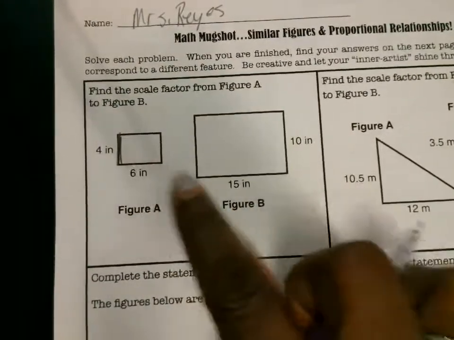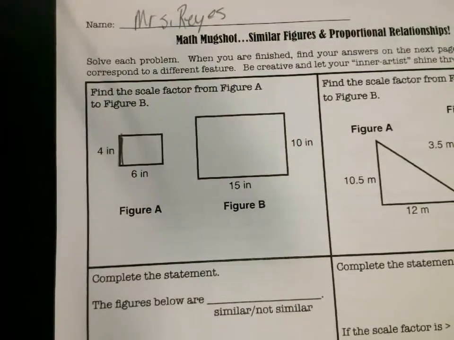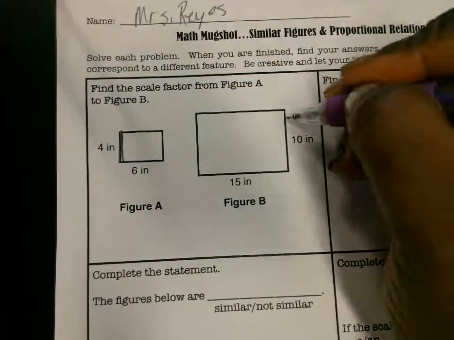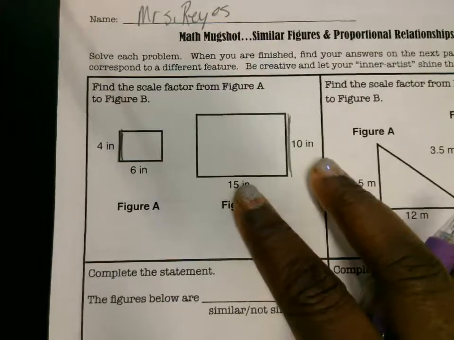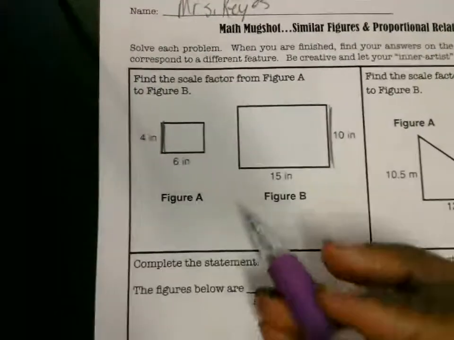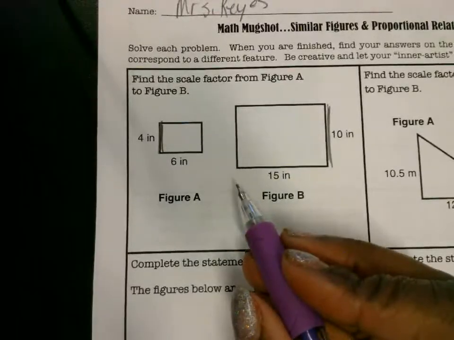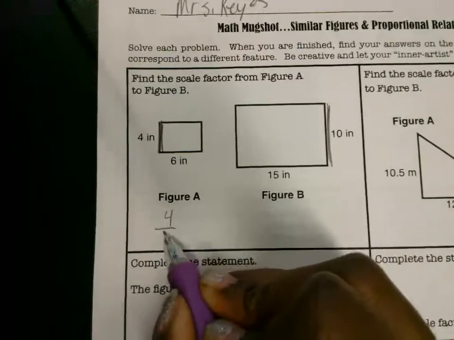Which of these sides correspond with 4? 10 corresponds with 4. It's the smaller side of the two. So when we are finding the scale, we're comparing. They match up. So we got 4 over 10.